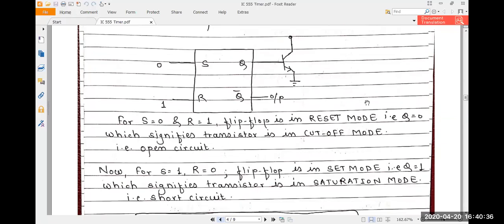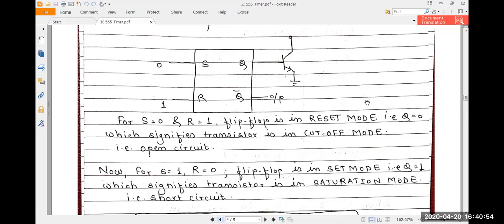So when S is equal to 0 and R is equal to 1, you can see the flip-flop is in reset mode. Whenever it is in reset mode, Q will be equal to 0, which signifies that the transistor is in cutoff mode. So when Q is 0, it will be an open circuit.